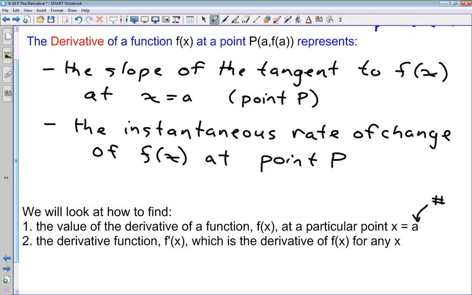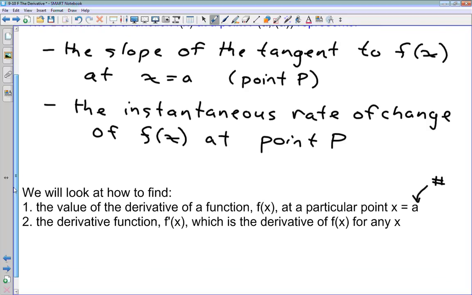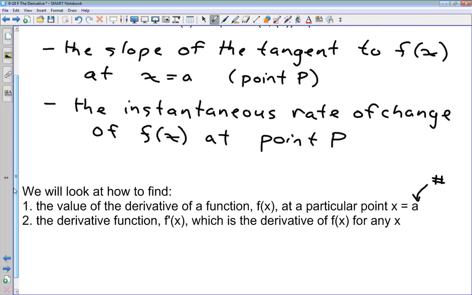But then we're going to look at something that is a little bit more useful. We are going to come up with a function called the derivative function, which is a function we can use to calculate the value of the derivative for any x value that we put in. Okay? So if we got a bunch of different x values, we want to find the slope of the tangent at all of them, we can find this function, and then we just plug our numbers into the function, and it spits out what the value of the derivative is, or the slope of the tangent is.